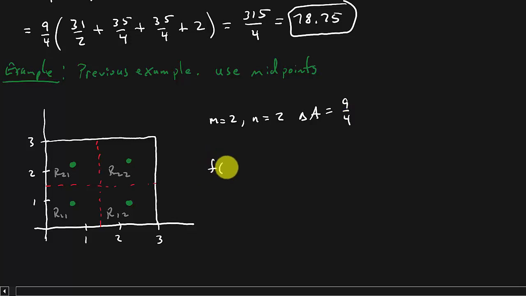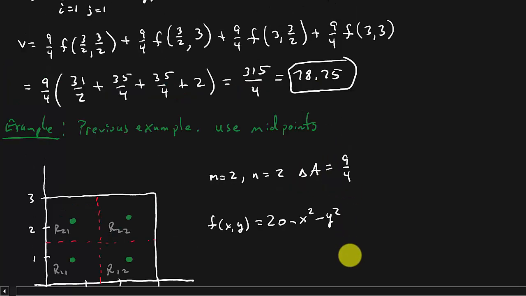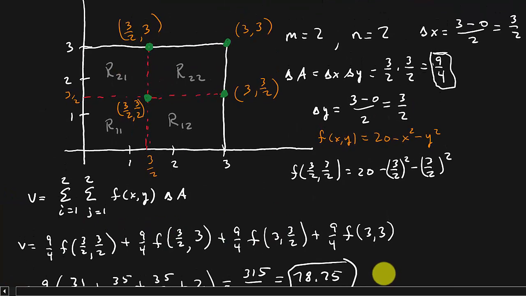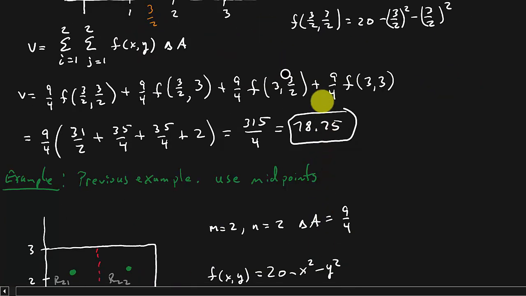In our function, we've got f of x, y equal to 20 minus x squared minus y squared. I think I wrote everything down. And of course we found delta y and delta x. They're each 3/2. None of that's going to change in this problem.